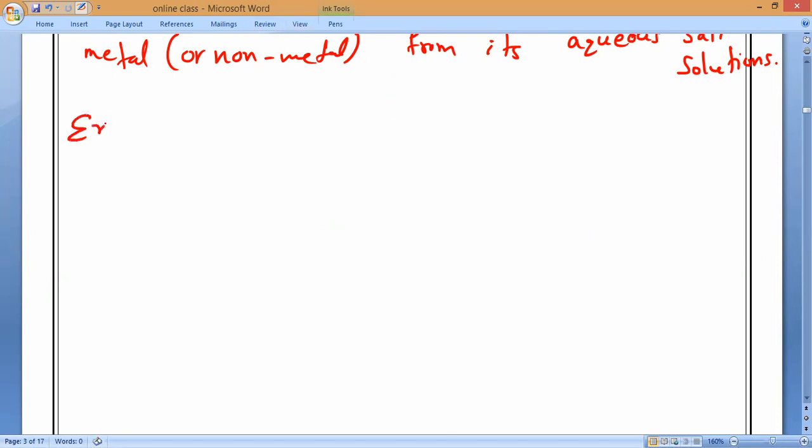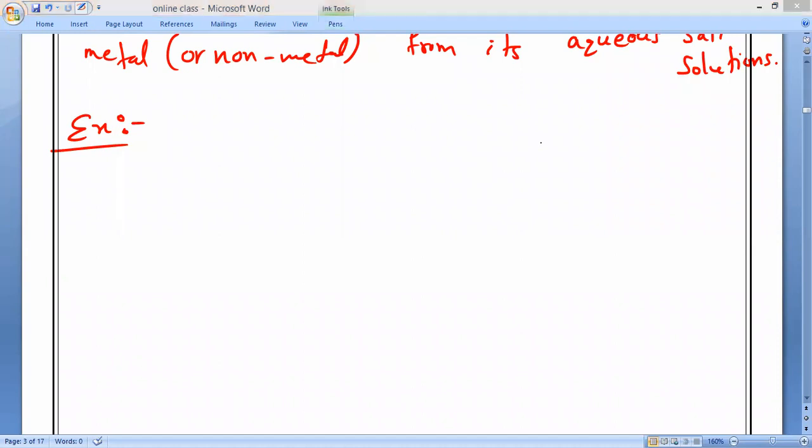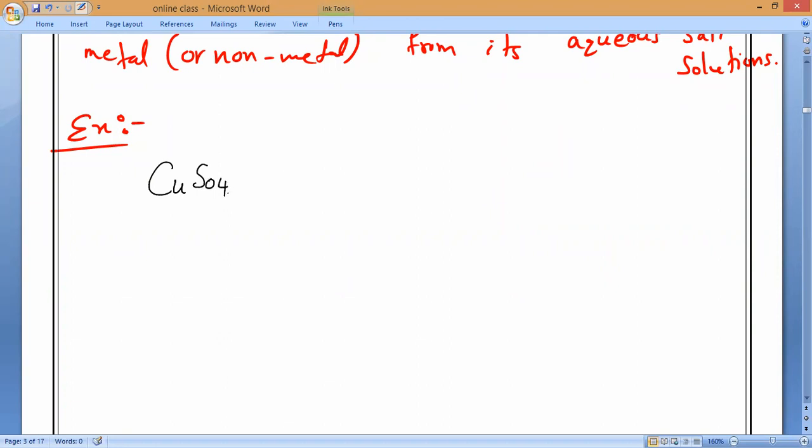Example 1. Now, you all know copper sulfate. Can you say the copper sulfate formula? CuSO4. What is the state of that? As I told you just now, aqueous. I already taught you the copper sulfate color.